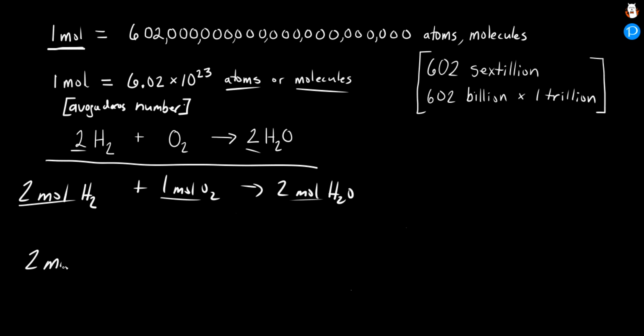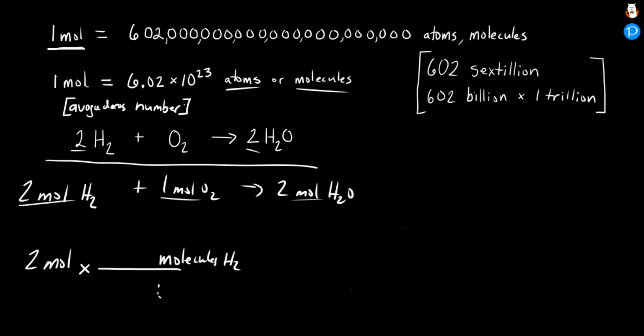Start with 2 moles. And I'm going to multiply it by my conversion factor. And so remember, the thing that we want to convert into needs to be on top. So in this case, I want to go from moles to individual molecules of H2, right?